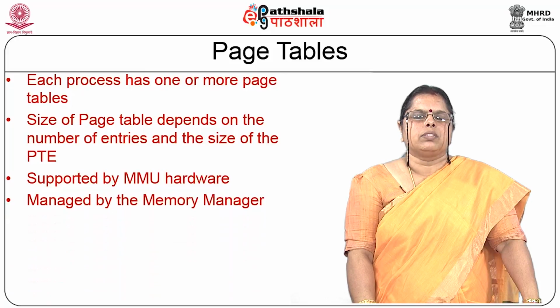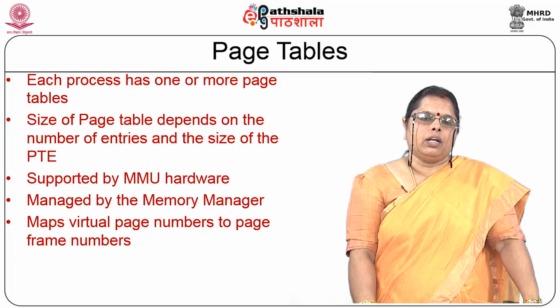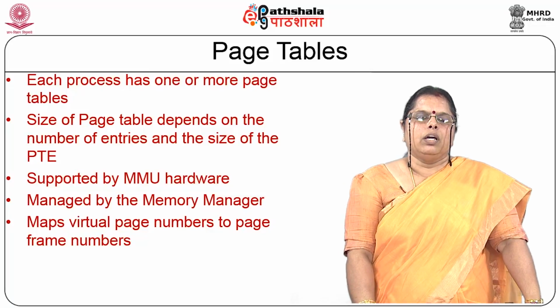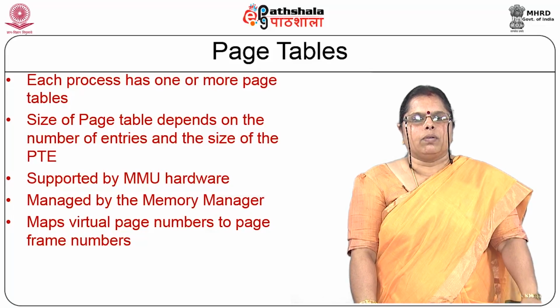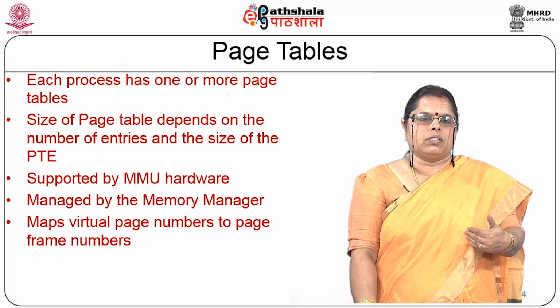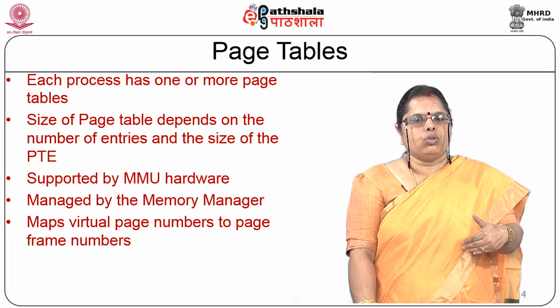And updating the page table and all that is done by means of the MMU hardware. It is of course managed by the memory manager. So, this concept of virtual memory, unlike your cache memory where everything is handled by the cache controller in hardware, is implemented at the hardware level and also by the operating system.